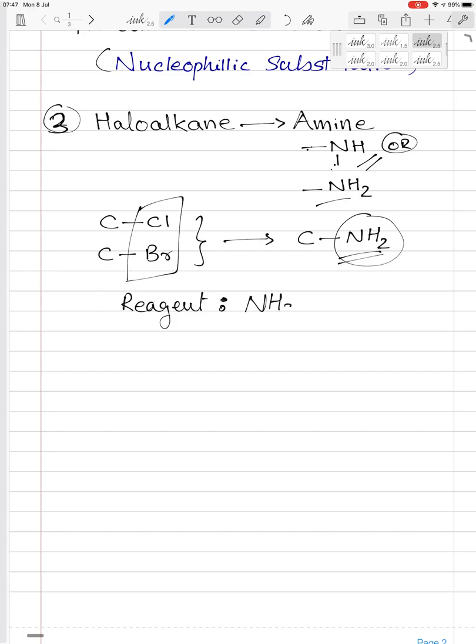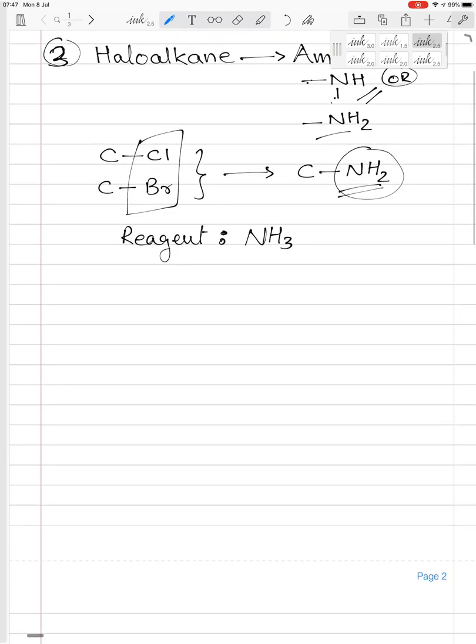is ammonia. Now when I use ammonia, and you already looked at a couple of mechanisms, you know how it is going to work. But if I dissolve this ammonia in water, then ammonia will act as a nucleophile and attack the haloalkane, but at the same time the solvent, water, is going to give me some amount of H plus and OH minus.